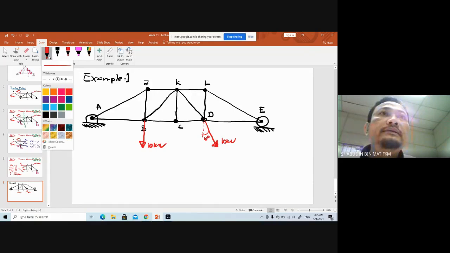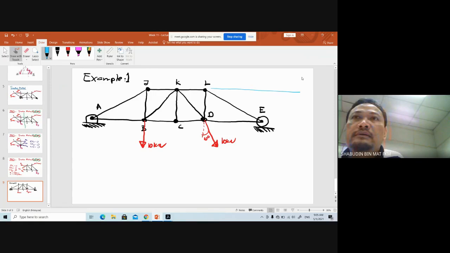So the distances all are given by that height. That height is 4 meters.